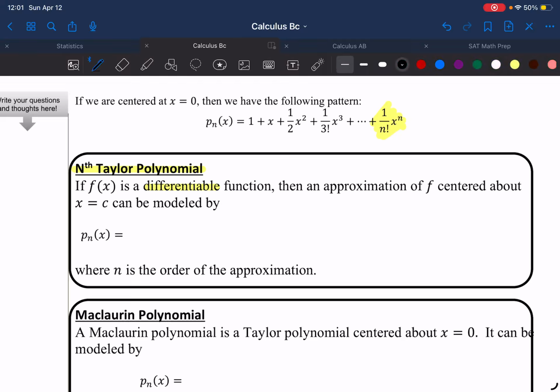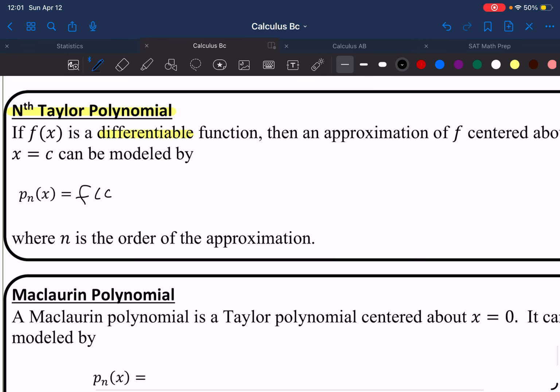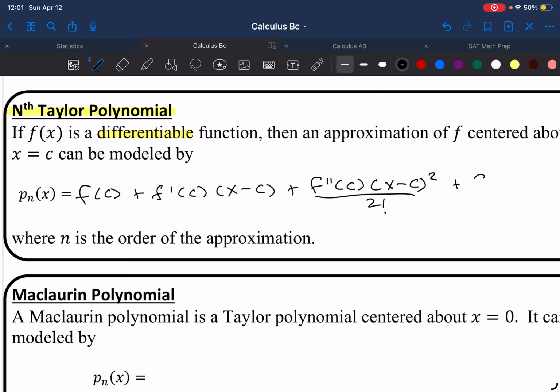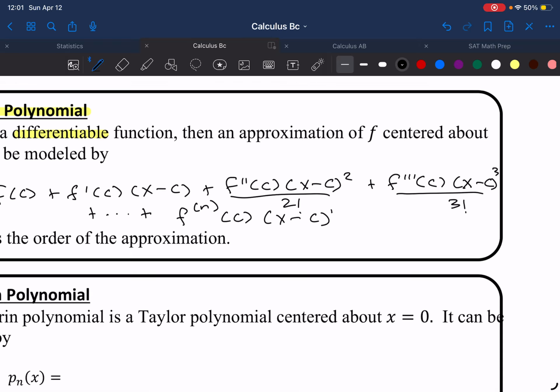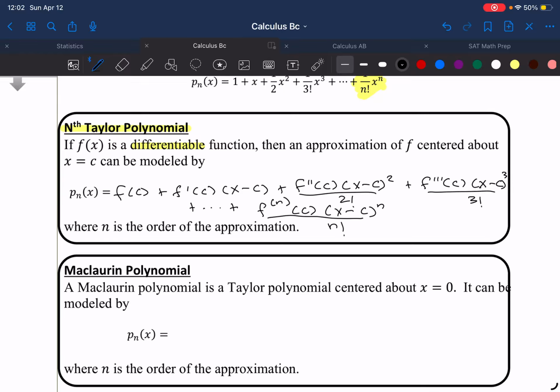So we have f of c, plus f prime of c times x minus c, plus f double prime of c times x minus c squared over 2 factorial, plus f triple prime of c times x minus c cubed over 3 factorial, plus dot dot dot all the way until f to the nth derivative of c times x minus c to the nth power all over n factorial. And so this n is the order of approximation.